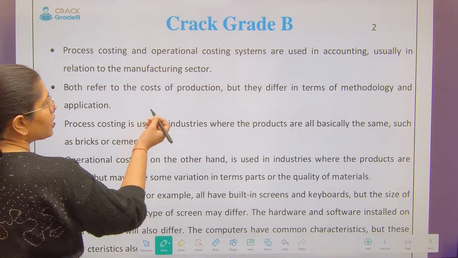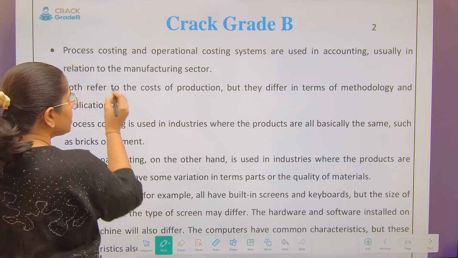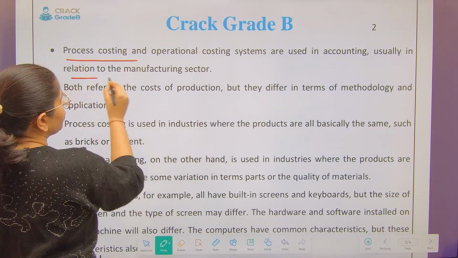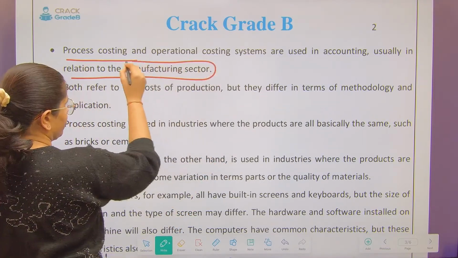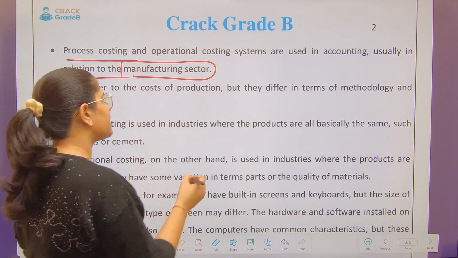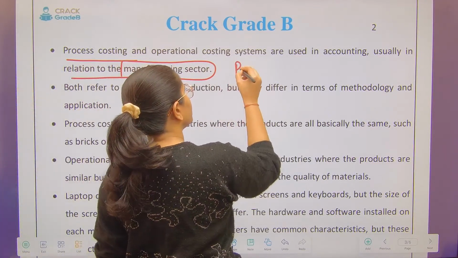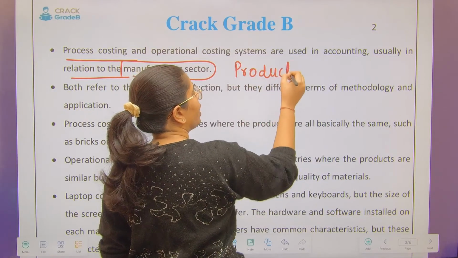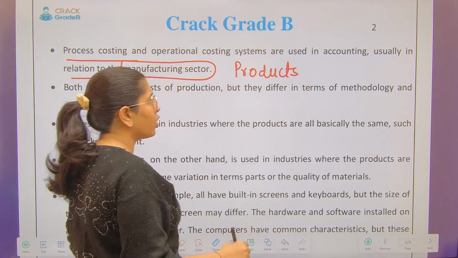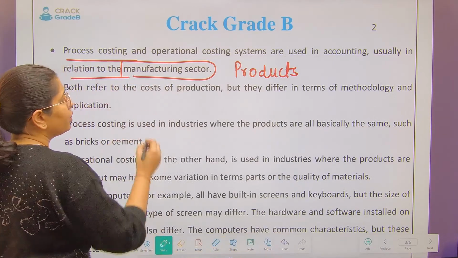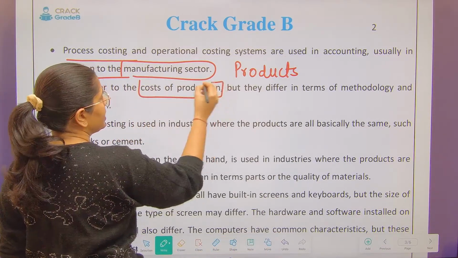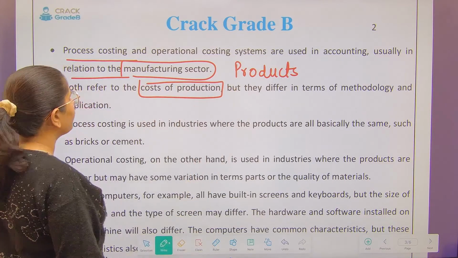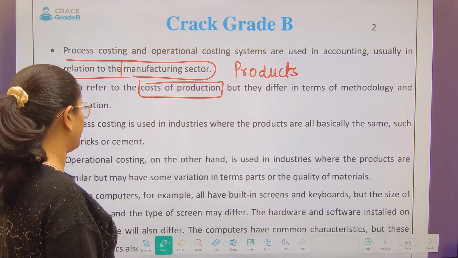See, process costing and operation costing are used in accounting usually in relation to the manufacturing sector. Yes, manufacturing sector means you are producing products. If you would have produced services, then we would have gone for operating costing. Both refer to the cost of production, yes, but they differ in terms of methodology and application.